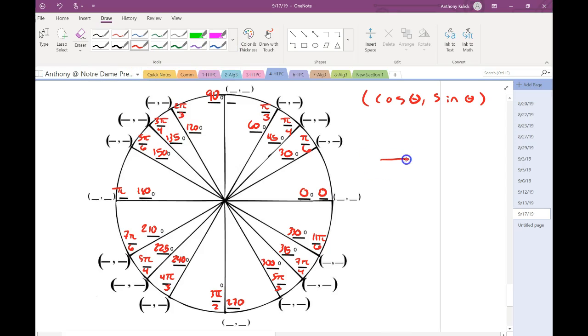If I want to find cosine of 30 degrees, I can use my 30, 60, 90 triangle, correct? So if I want to do cosine of 30 degrees, that's going to be the adjacent over the hypotenuse, which simplifies down to square root 3 over 2.